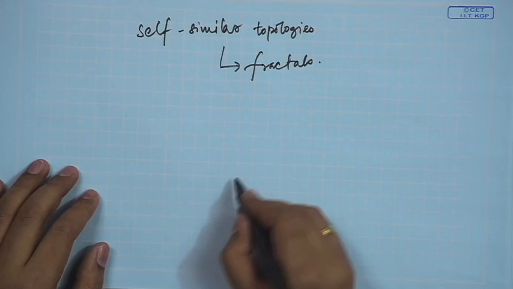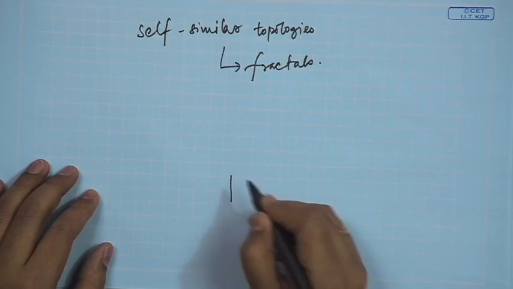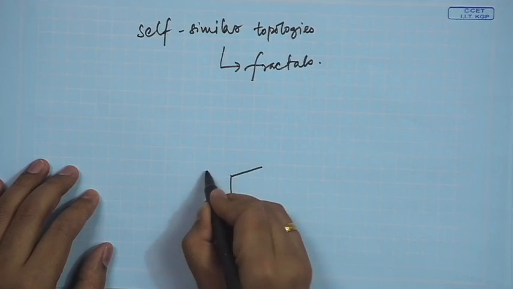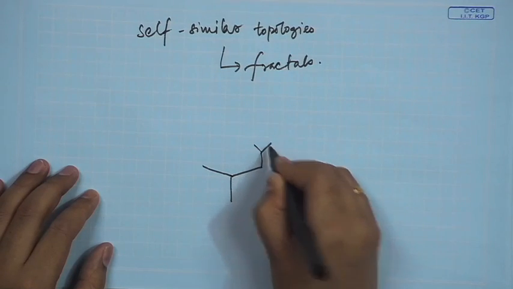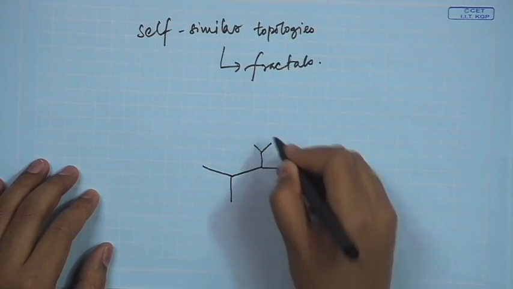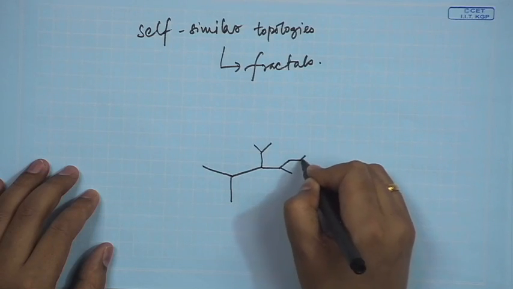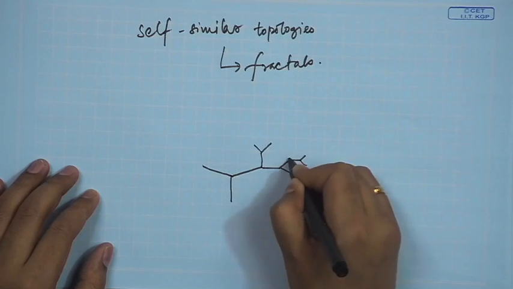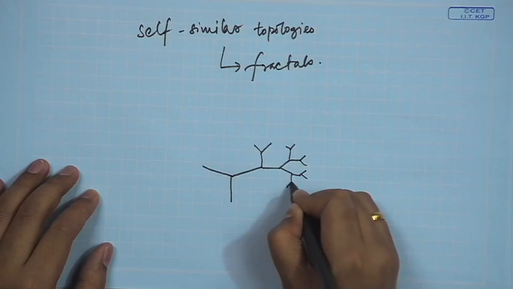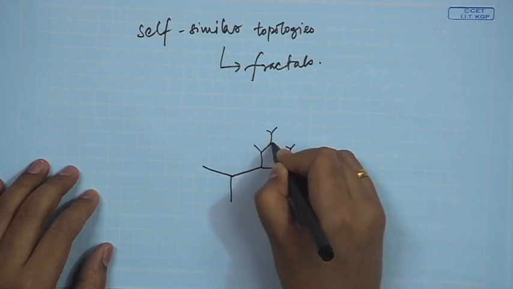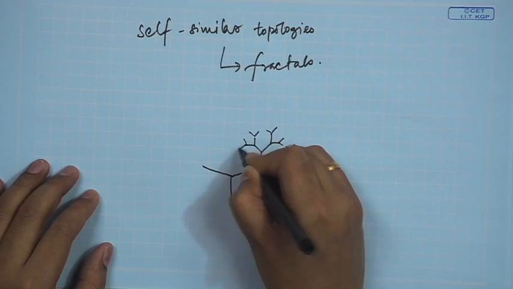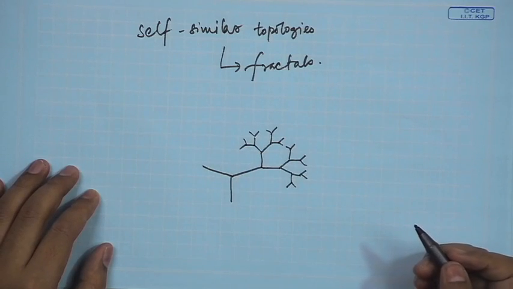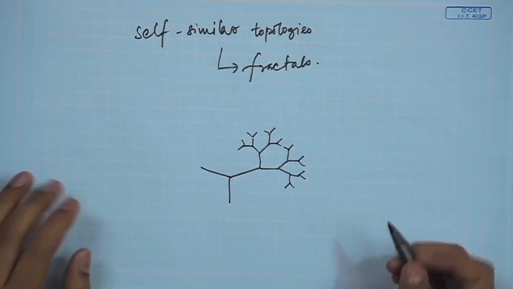But to motivate you with an example, self similar structures would look like something like this. As you see, this looks like the branches of a tree.